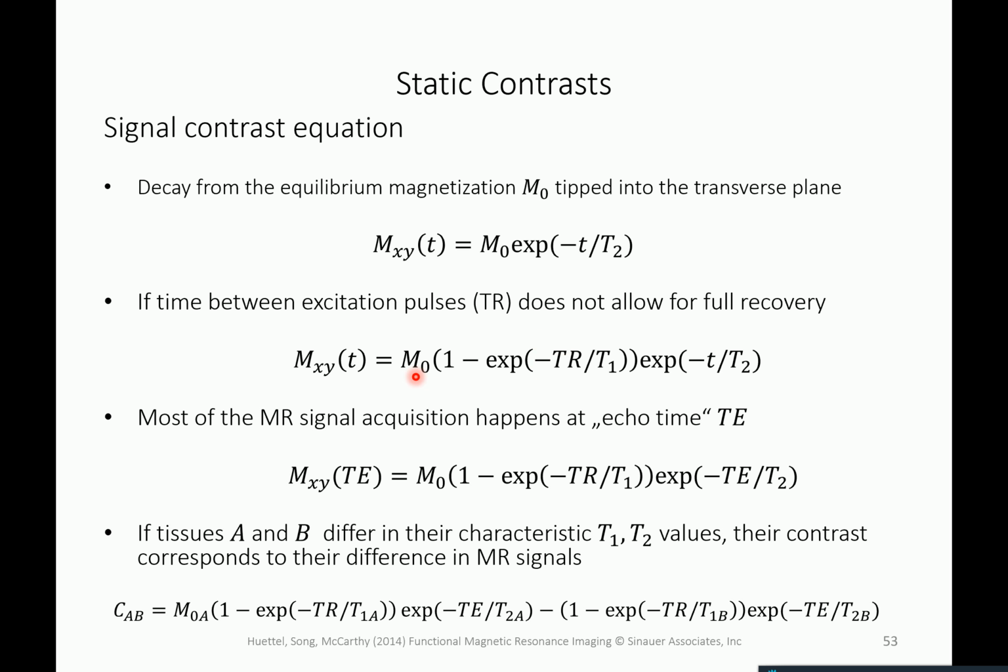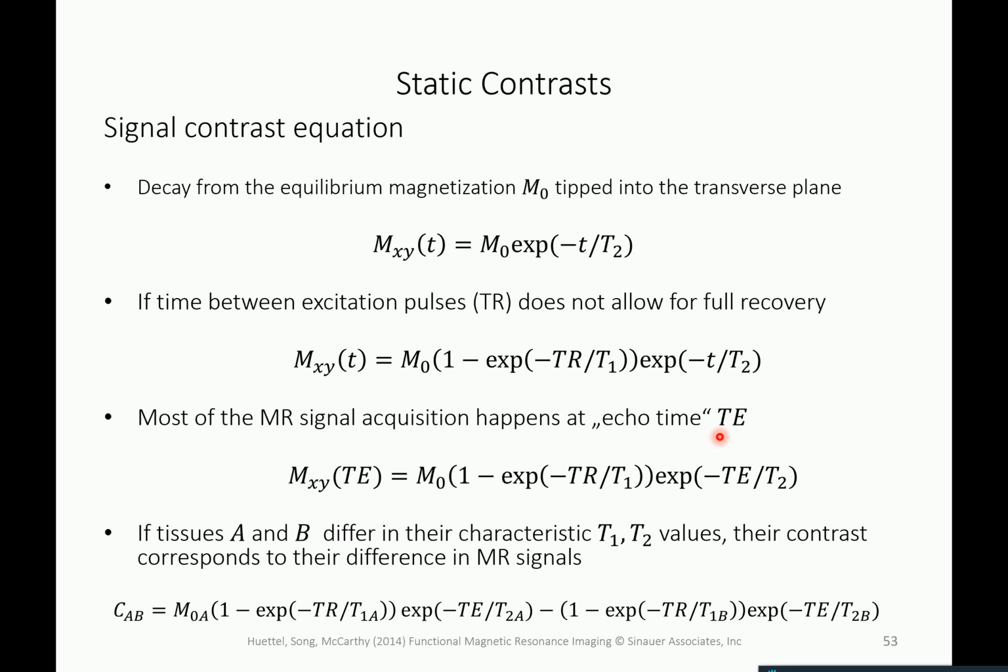Again, M0 is the full length, how it is in the beginning, and then it might not have fully recovered. This is this part of the equation, and then because you're looking at it in the transverse plane, it loses its amplitude over time. So far, so clear.